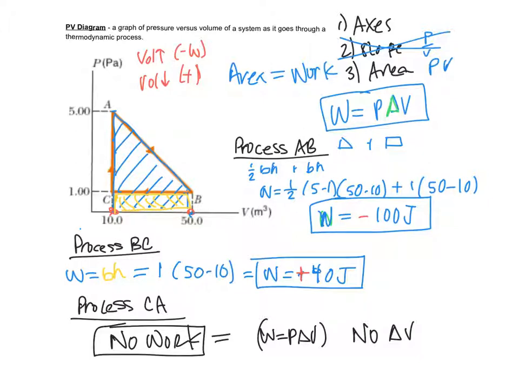But if my volume is increasing, my arrow is pointing to the left, and you can see that, it's left-ish. But if my volume is decreasing, your arrow is going to be pointing to the right. So this right here will tell you if your work is going to be positive or negative.